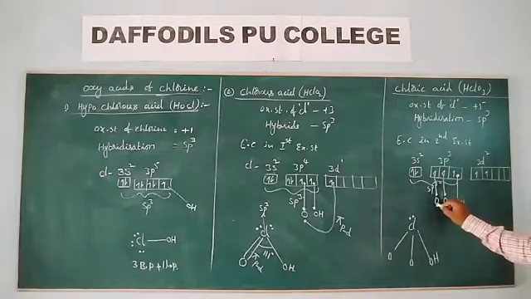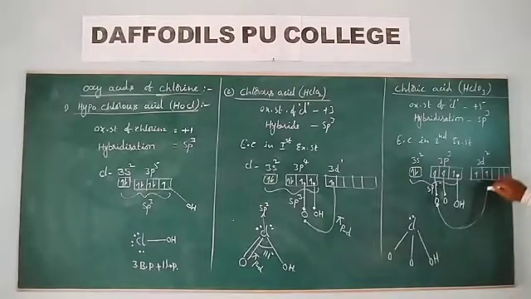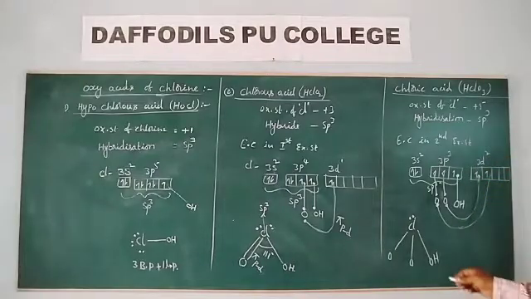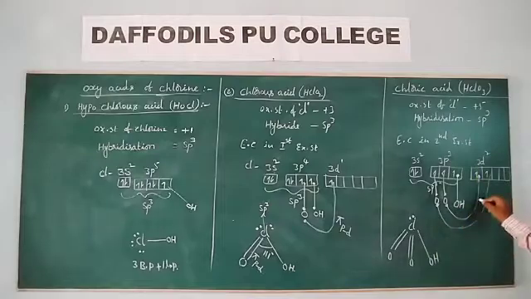Now the second valency of this oxygen is satisfied by pure orbitals. Which kind of pure orbital? These are the p orbitals. So you will get a pi bond. How many pi bonds are you getting? 2 pi bonds.